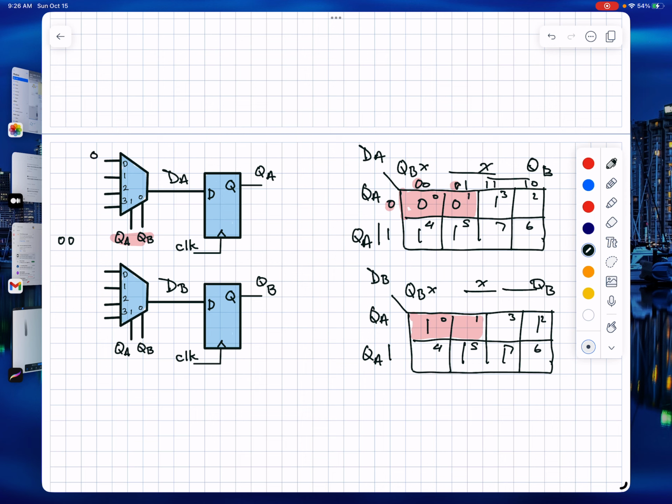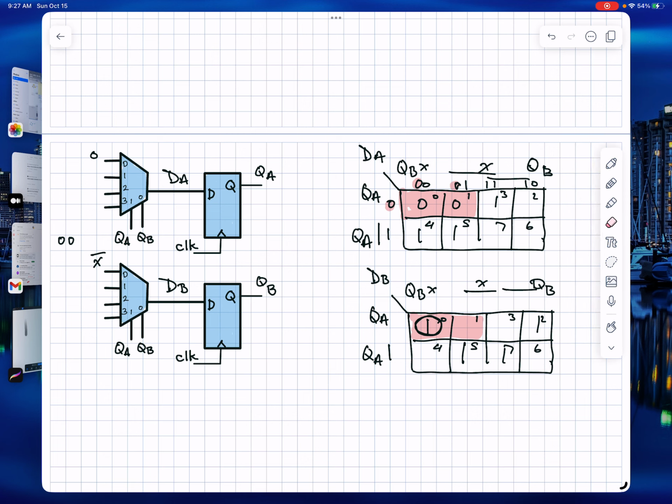For the second one, I have just a one variable Karnaugh map. I would circle this. What does that correspond to in terms of X? That's on the X bar side of the map, so this would be X bar. That takes care of QA, QB equals 0, 0.